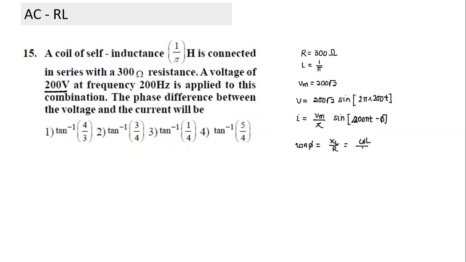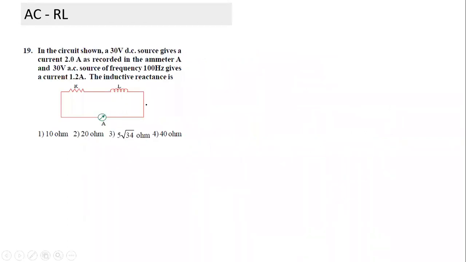Omega L by R. What is omega here? 400 pi. I can easily solve this part. So we can find the phase difference between voltage and current. We can also find the amplitude of current. Other things we can also find out.